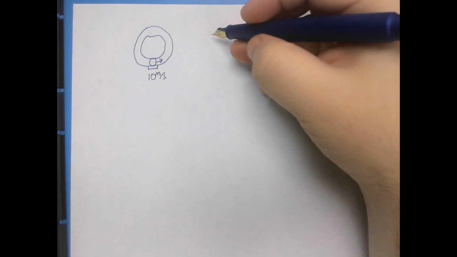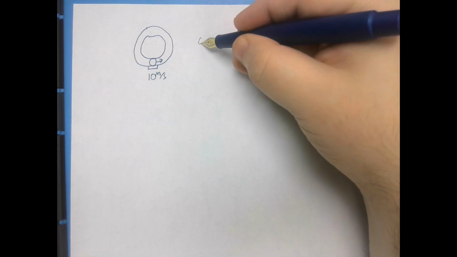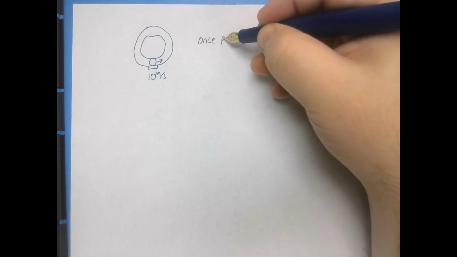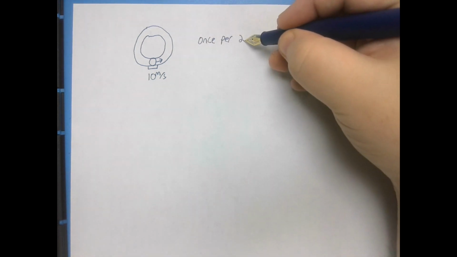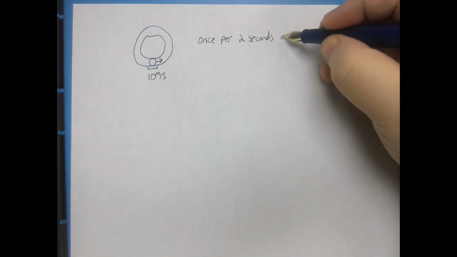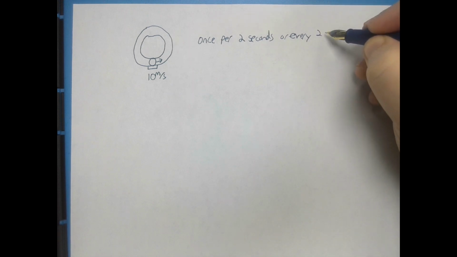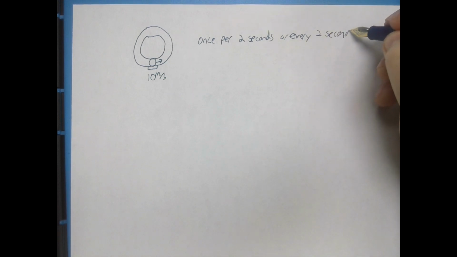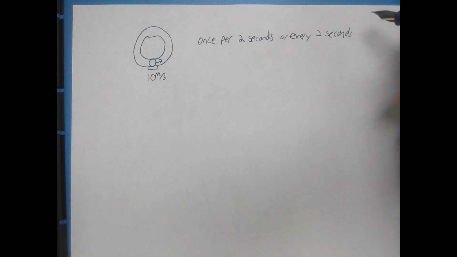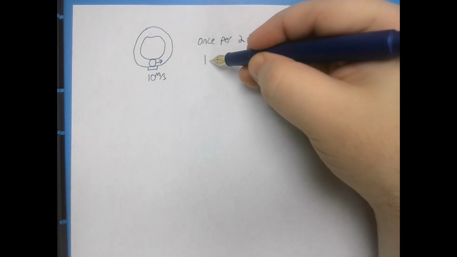We can also observe that it passes the window once per 2 seconds, or every 2 seconds. Every 2 seconds, or once per 2 seconds, means that it makes one revolution.